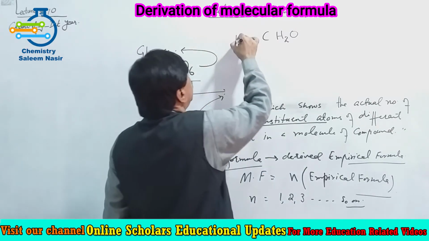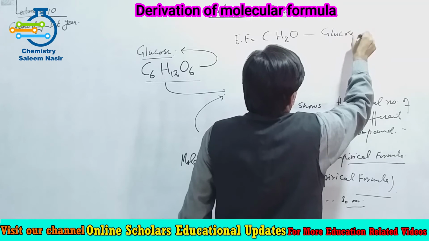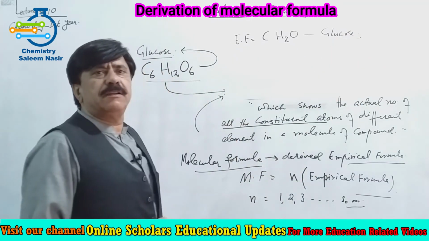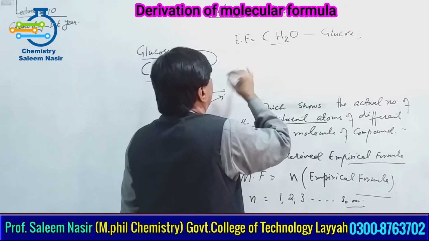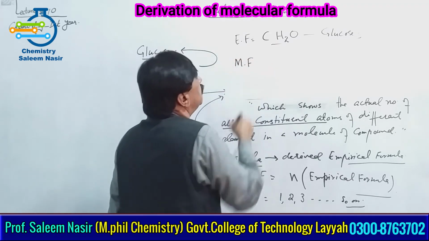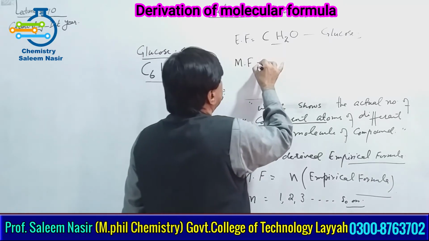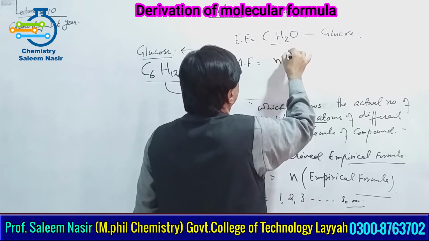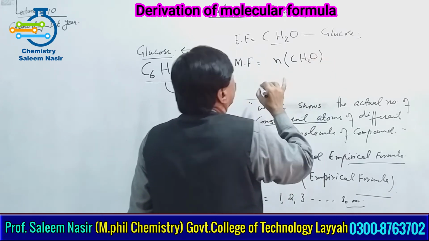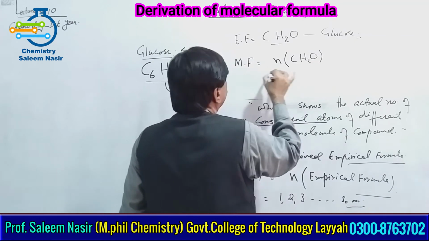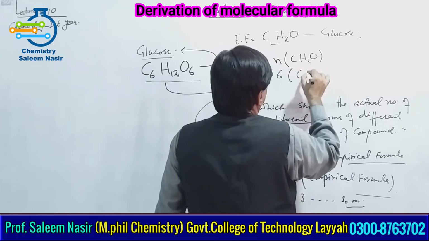We derive the molecular formula from that empirical formula: MF, representing the molecular formula, equals n times CH2O, where n is 6.